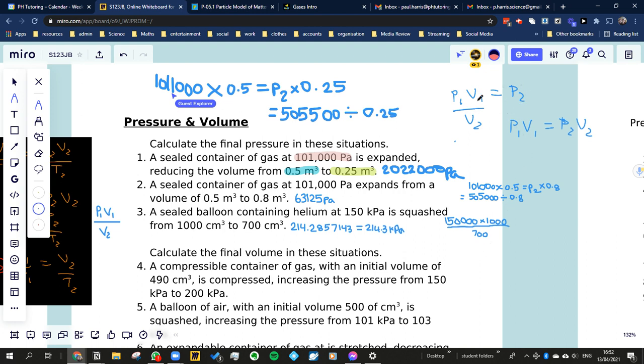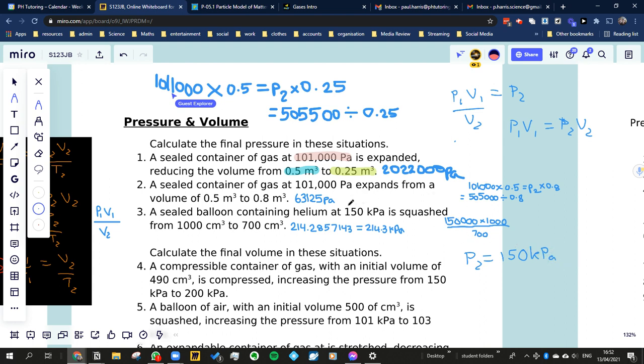When we rearrange this, we're going to calculate the new pressure. So P2 is going to be equal to P1 times V1 divided by V2. Now, if I didn't change any units, then what I should make sure that I do is write the units in the working out and then see if there's any issue.